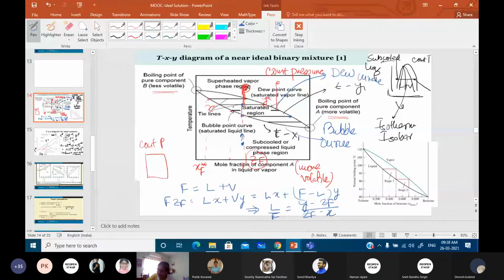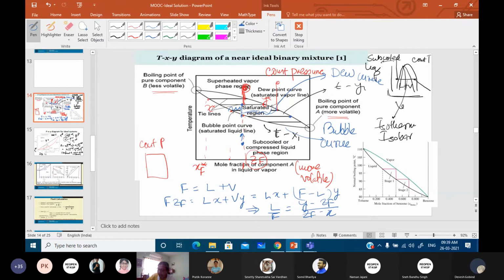It signifies that at any point in the liquid vapor region, the proportion of liquid and vapor is given by the inverse lengths of these two parts. So this divided by this gives you L by V. When you have just entered here, naturally the liquid portion is higher.